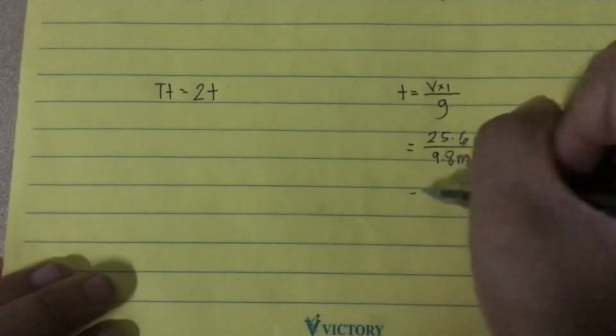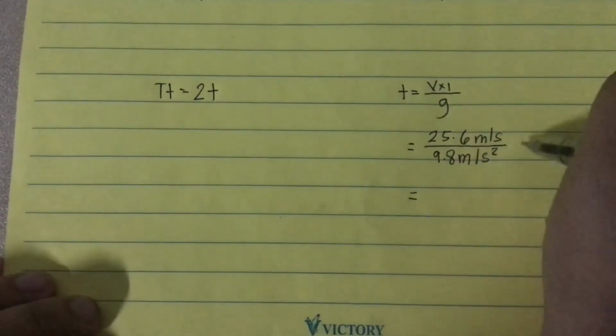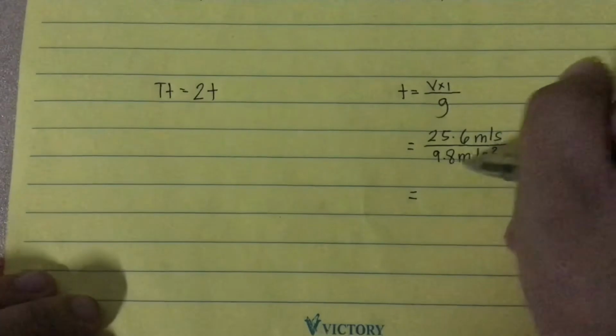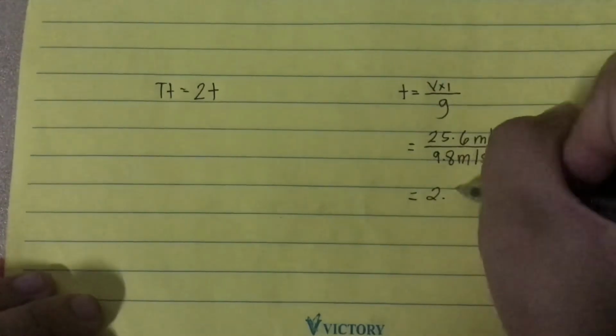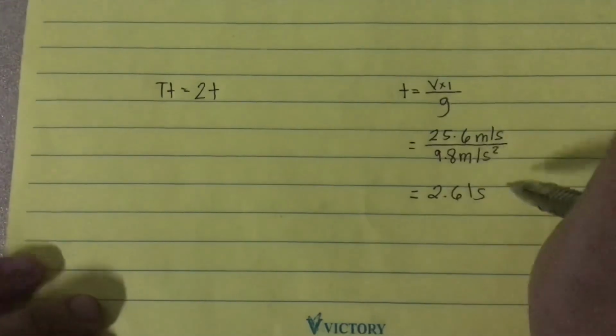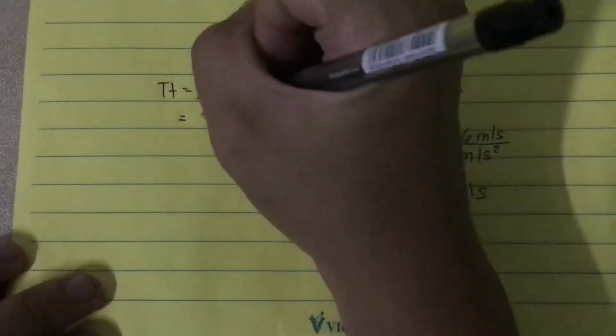Then you just divide the two numbers, and 25.6 meters per second divided by 9.8 meters per second squared is equal to 2.61 seconds. Since we have the time now, we can now solve this, the total time.